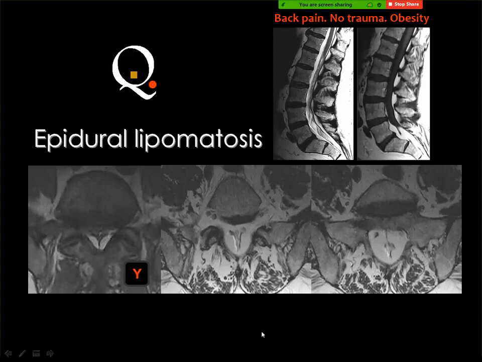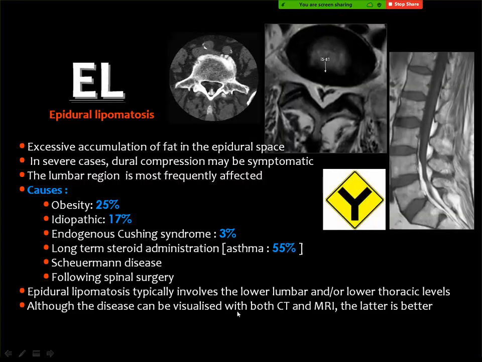Epidural lipomatosis is an incidental finding and is usually asymptomatic. It is actually very common in the lumbar spine, where you have excess fat around the thecal sac, and this will result in the thecal sac being compressed from all sides, resulting in this very specific Y-shaped configuration of the thecal sac.